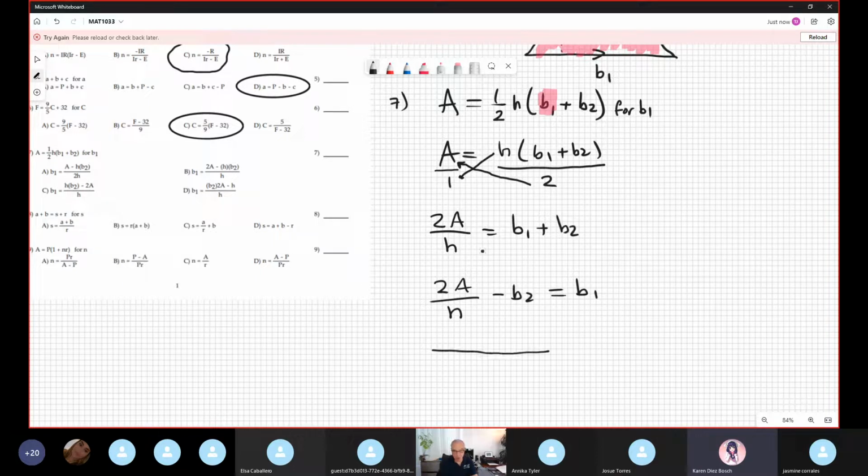So the least common denominator is h, then you have 2A minus b2h, over h, and this is b1. And b1 is this option. Look, yes or no?